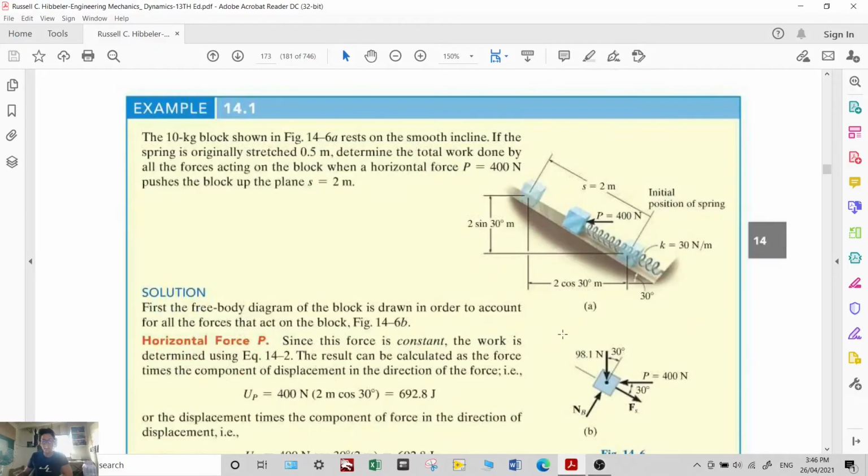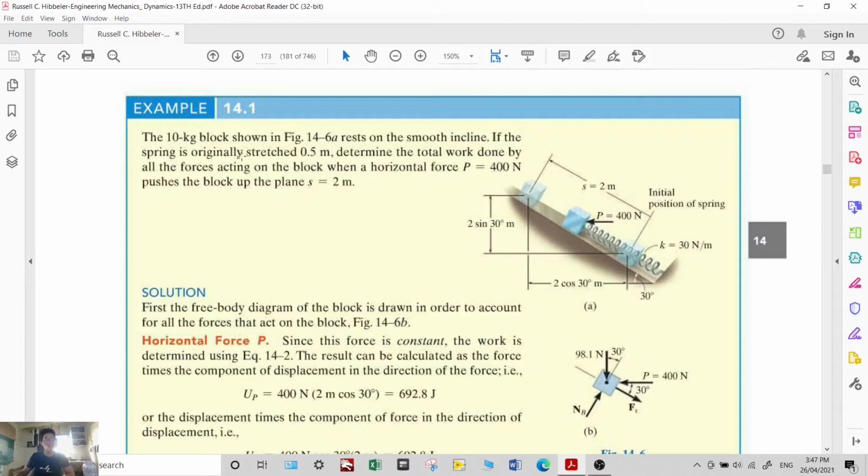Okay, so let's have this example in order to illustrate or determine the work that is done by the force P to this block. You have a 10 kilogram block shown in figure 14.6a resting on a smooth incline.